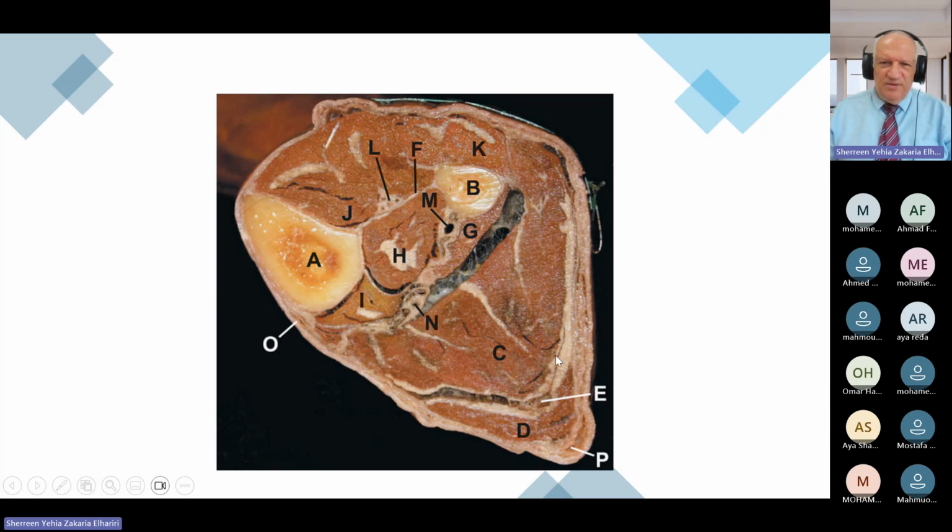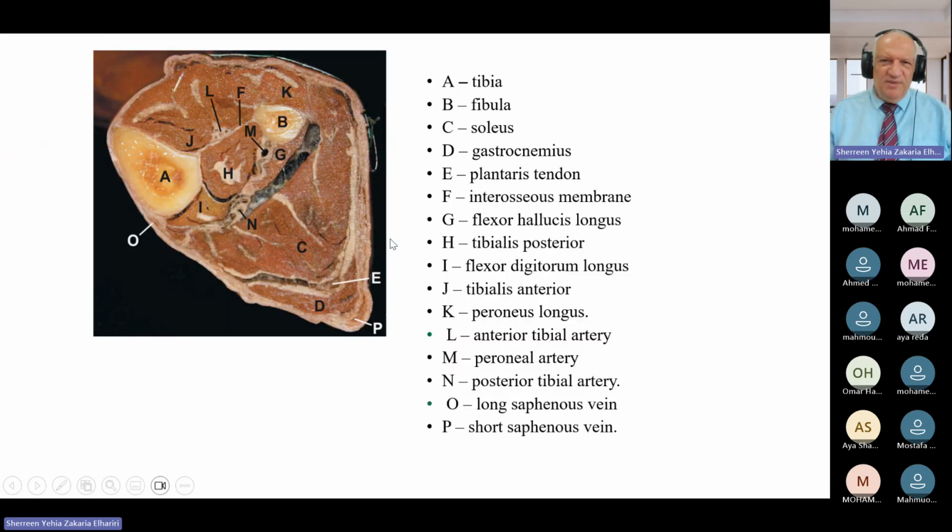So what are the muscles in the back of the leg? Gastrocnemius, soleus, and the anterior group. It may be difficult, so I will just enumerate them.